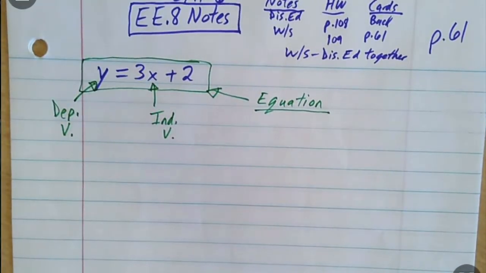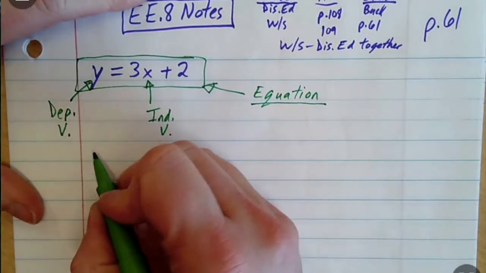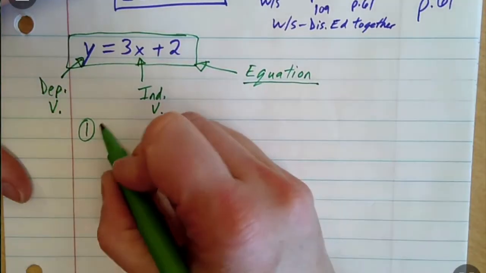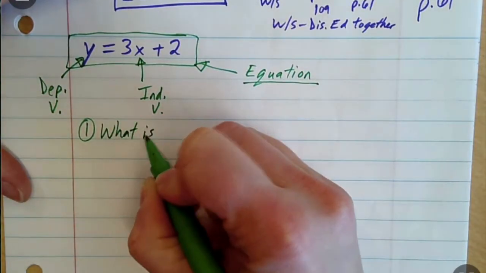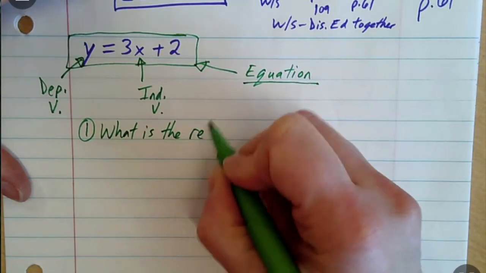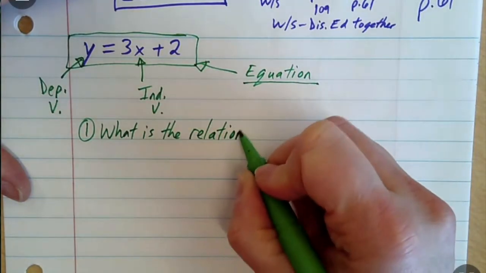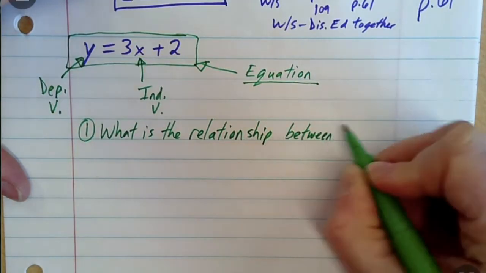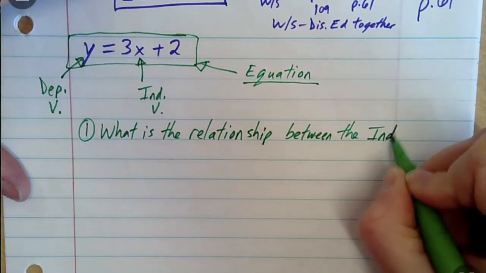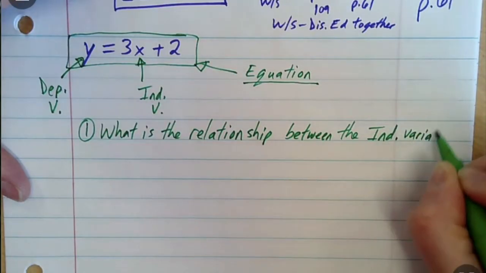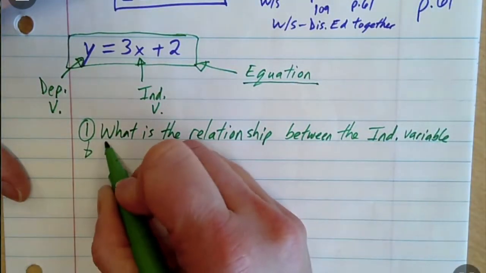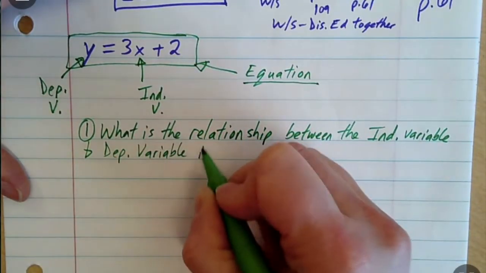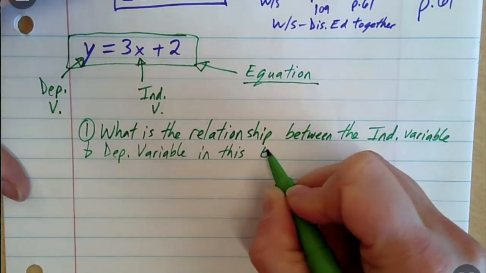So then you're going to have a question on your test that asks, so I want to make sure you understand this, so we're going to write this question in. What is the relationship between the independent variable and the dependent variable in this equation?